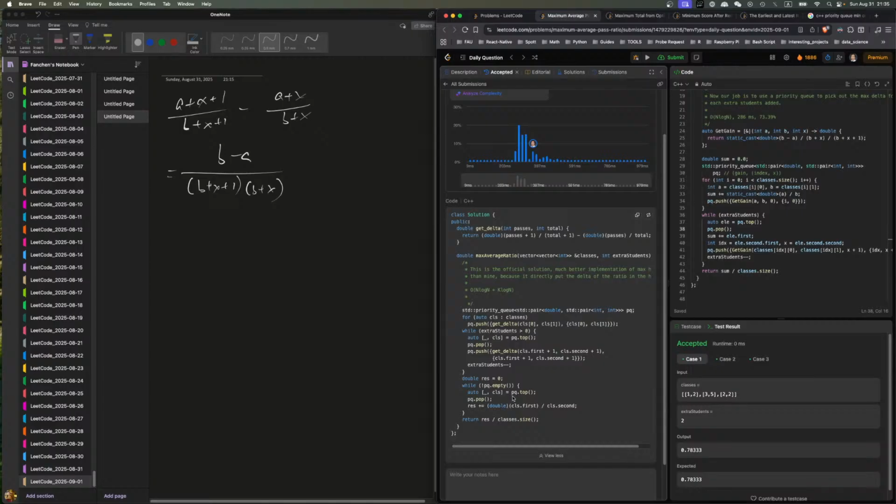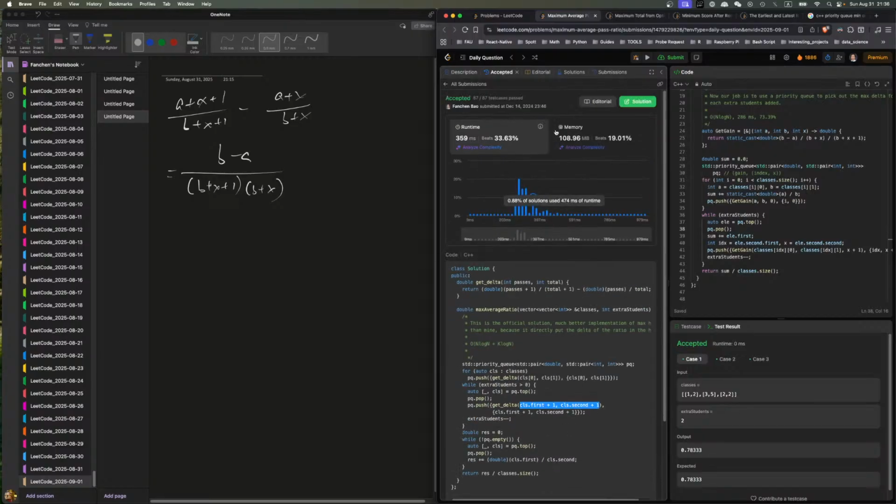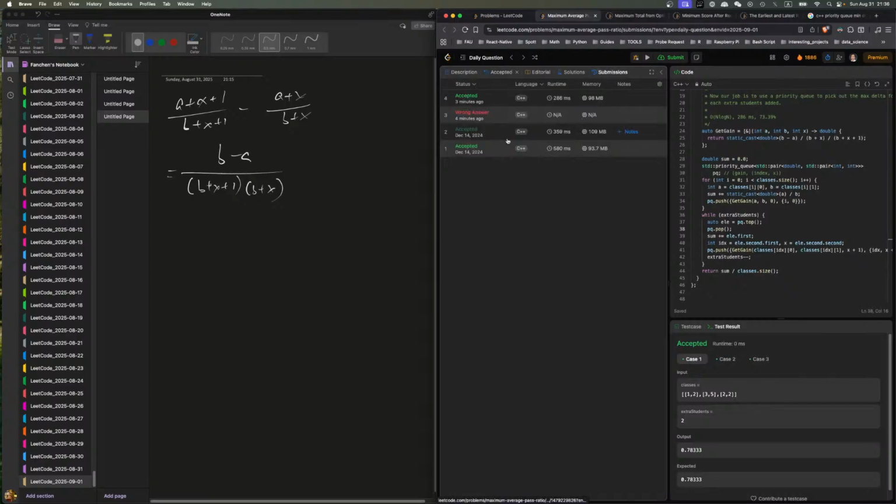How could you just... You pop it out. That's the biggest. And then you push it back in. Oh, we push it back in because eventually it's... Okay, I see what I was doing. That's alright. It's pretty neat.